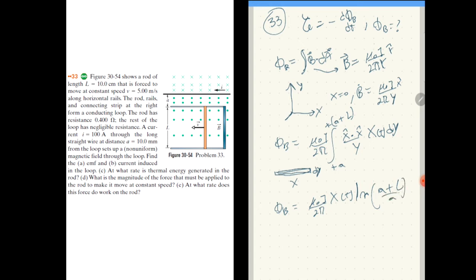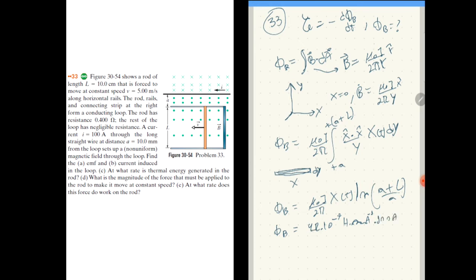And now we can substitute these numbers, so we get a magnetic flux. Whoa, this sounds very cool. 4 pi times 10 to the negative 7. I forgot the units of the magnetic permeability. I think it's Henry per meter, or tesla times meter times amperes to the negative 1, because the current has the units of ampere.